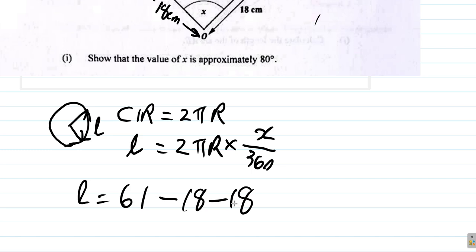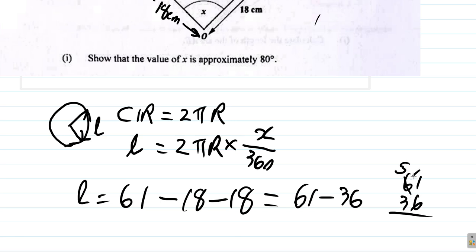Let's just do it on the screen. So it's 61 minus, negative 18 minus 18 is what, 36? If you say 61 minus 36, borrow 1 from 6, you get 5, 6, 7, 8, 9, 10, 11. That's 5 here. 5 minus 3 is 2.